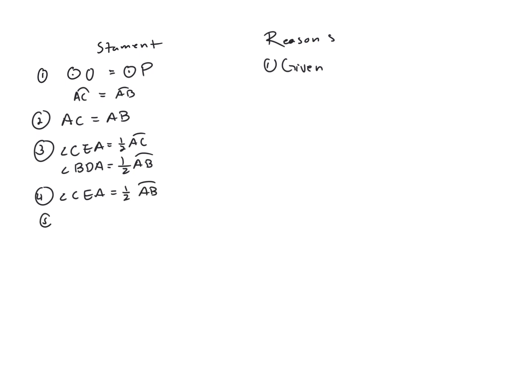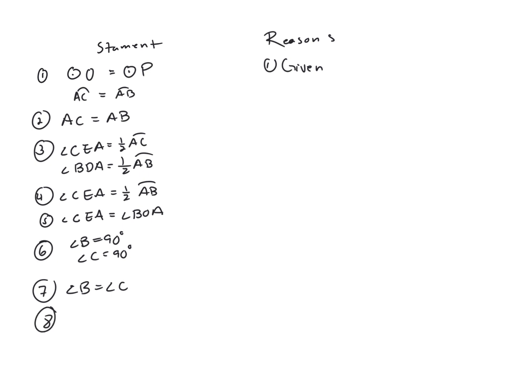So we can say that angle CEA is equal to angle BDA. Our sixth statement would be angle B equals 90 degrees, as well as angle C equals 90 degrees. We have the seventh, which is angle B is equal to angle C. And lastly, we have triangle ABD is congruent to triangle ACE.